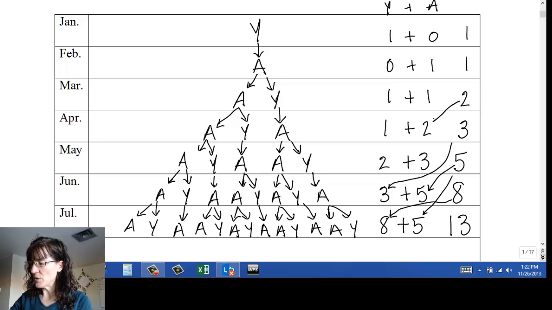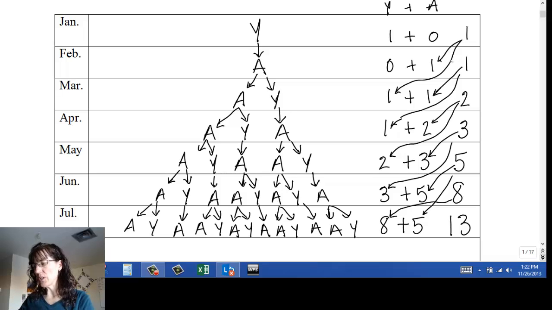So this one I have the 2 here, and then the 2 there, and here I have the 3 from the previous one. Here I have the 1. And so it looks like every month I'm taking the previous 2 months and adding them. So if I add up 5 plus 8, I get 13. If I add up 3 plus 5, I get 8. So let's try that out.